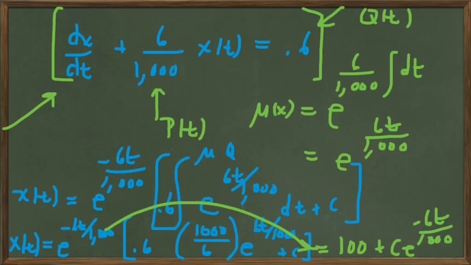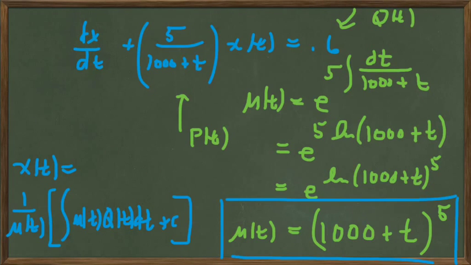If we compare that to the differential equation we get in the case when the outflow rate is less than the inflow rate, it just makes a change to this denominator part. It's a very similar differential equation. It still has the 0.6 on the right hand side, still has the dx of t plus, but the only difference is that that denominator, instead of being 1,000 plus t, is just 1,000.